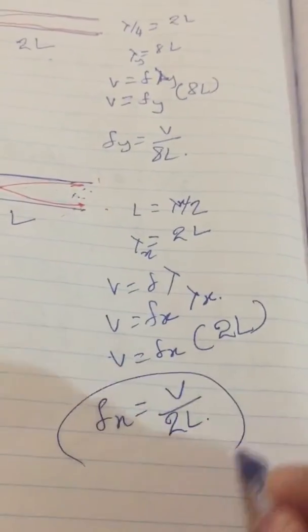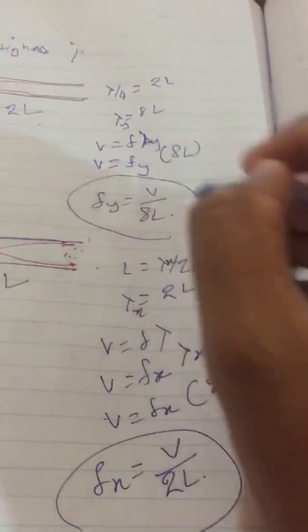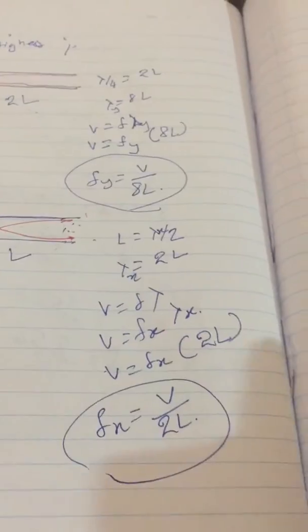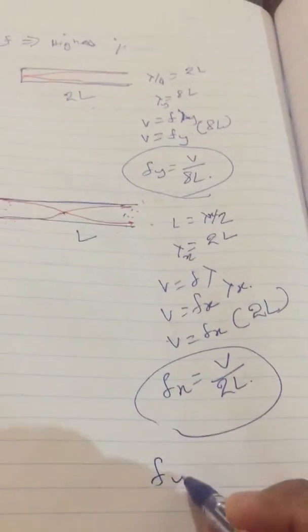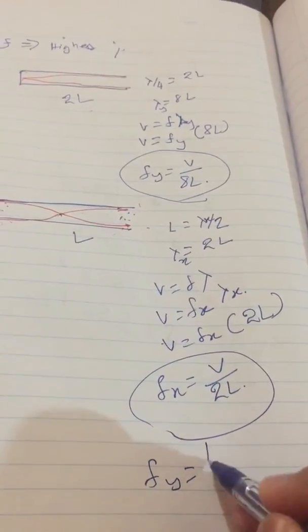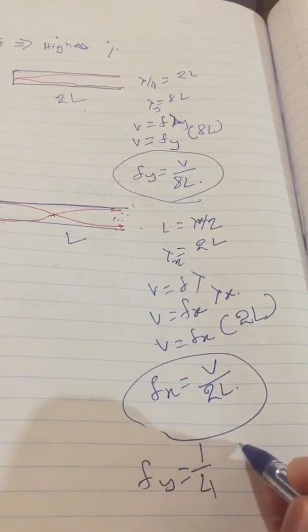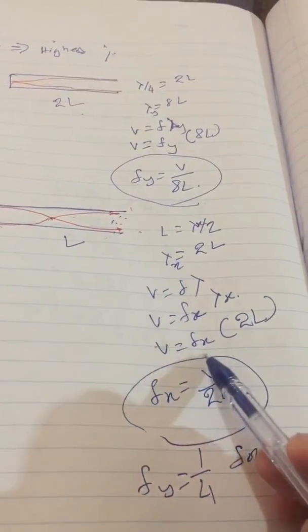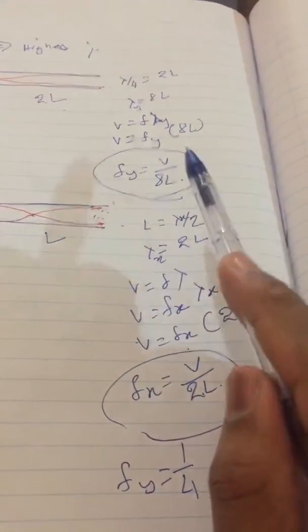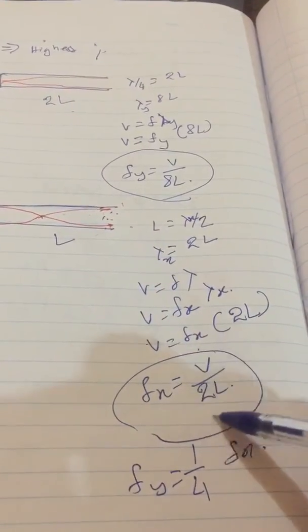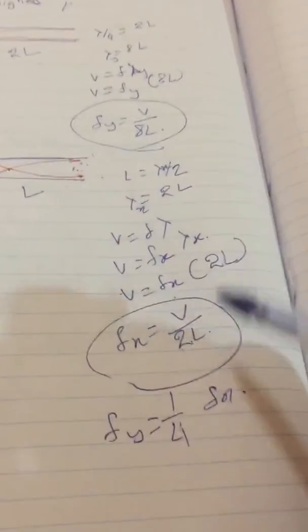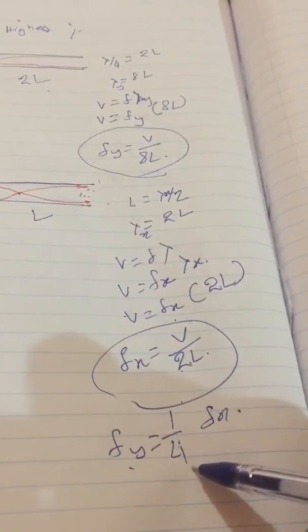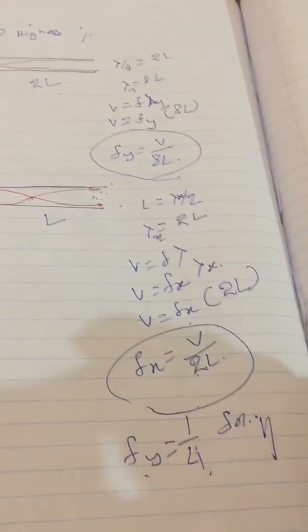So we have Fx is equal to V over 2L and Fy is equal to V over 8L, which means that Fy is equal to 1/4 of Fx. V over 2L, this is V over 8L, that means you have to multiply V over 2L by 1/4 to get V over 8L. Fy is equal to 1/4 Fx, so that is the answer.